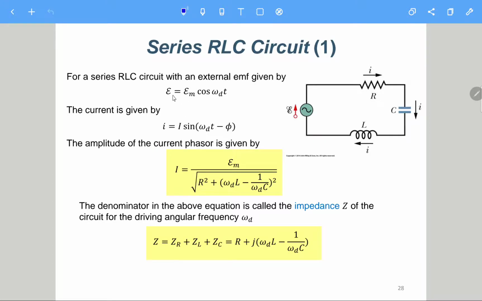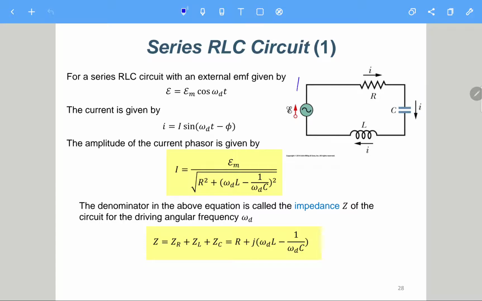So here we have R, L, C in series, and the current I is given by this one. E will be like this.